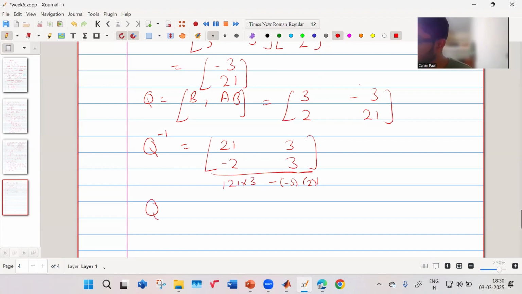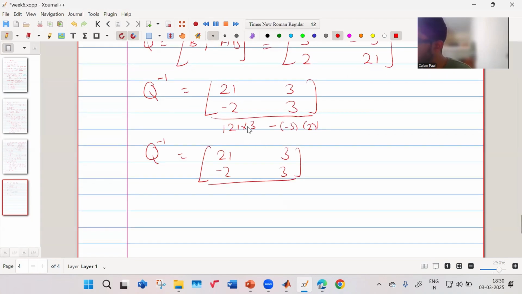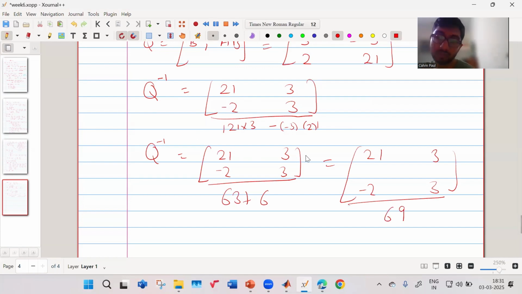So Q inverse will be equal to 21, 3, minus 2, 3 upon 69.